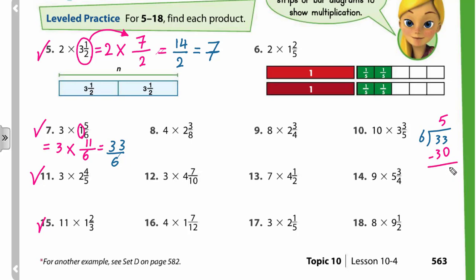The remainder is 3. Great. So the whole number is 5, the numerator is 3, and the denominator is 6. We keep it.